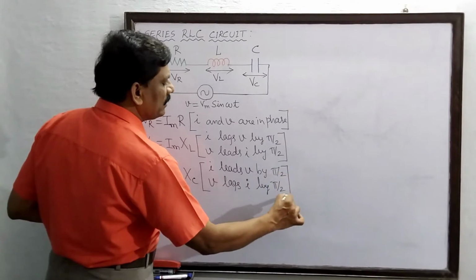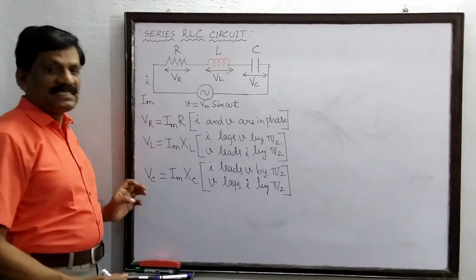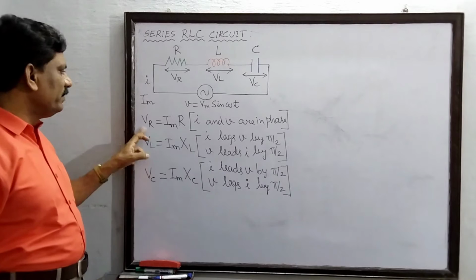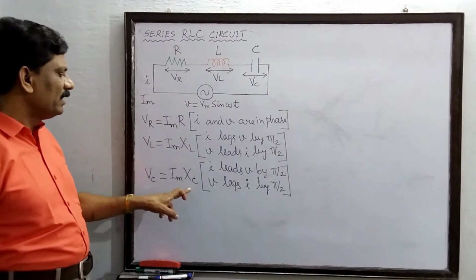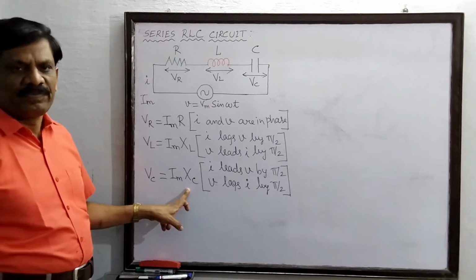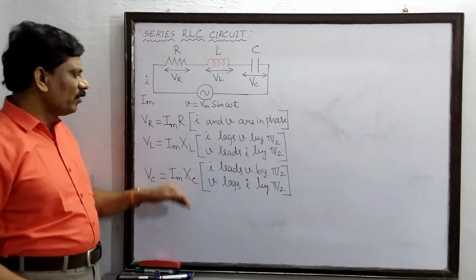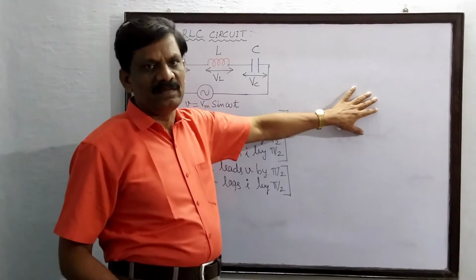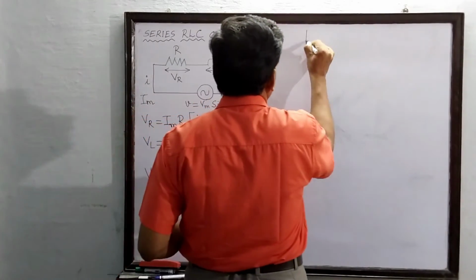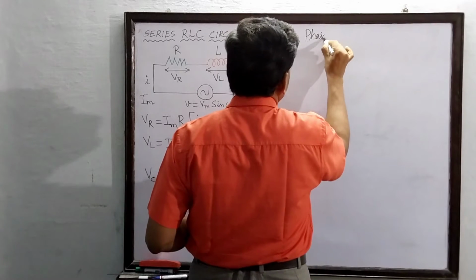Okay students, so this is the first step. We have to write the voltage VR, the voltage VL and the voltage VC in terms of R, XL and XC. Now these three I am going to represent in terms of a phasor diagram. I am going to draw the phasor diagram corresponding to these three voltages.